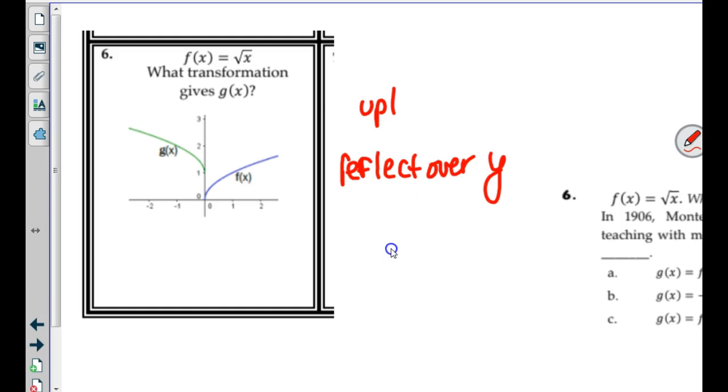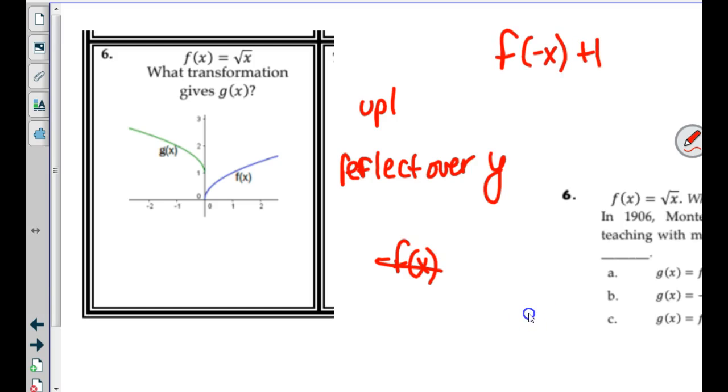Okay, the reflection thing is a negative, but is it on the outside or the inside? Well, if you did that to a parabola, which way would it flip? Yeah, it would flip down, which is across the x. So it's not on the outside, it's on the inside. So we would have this.